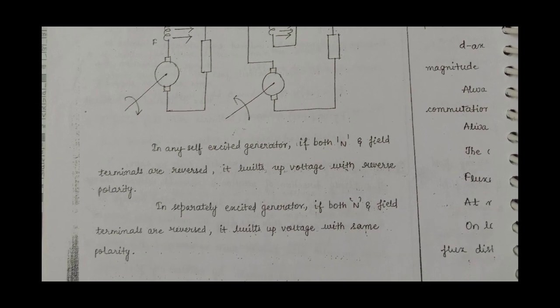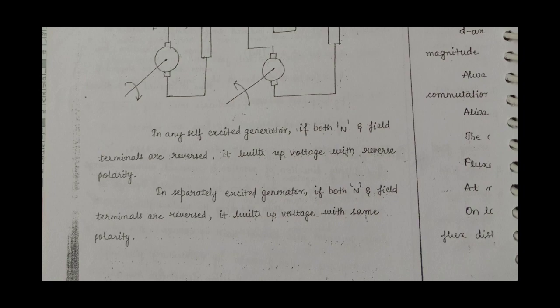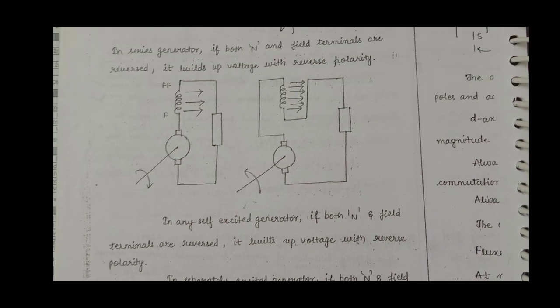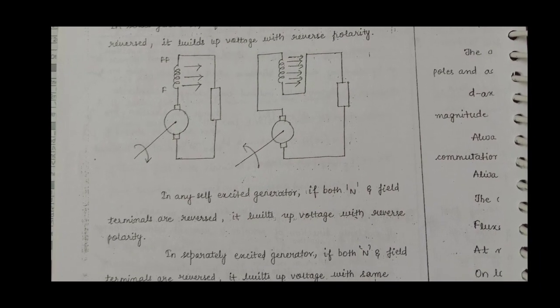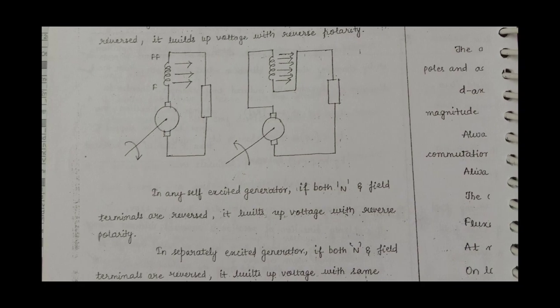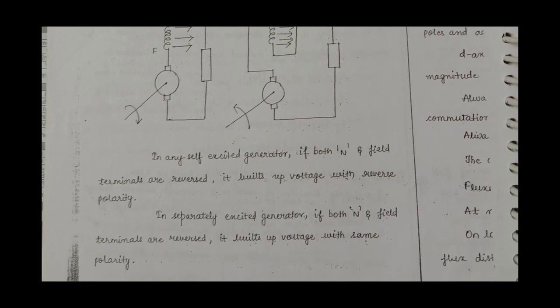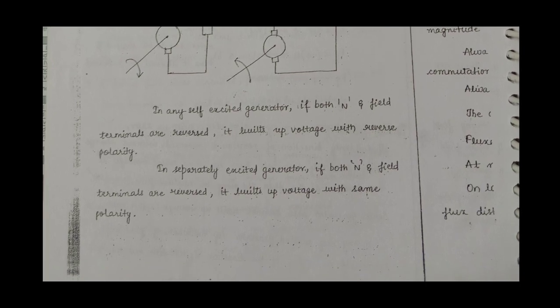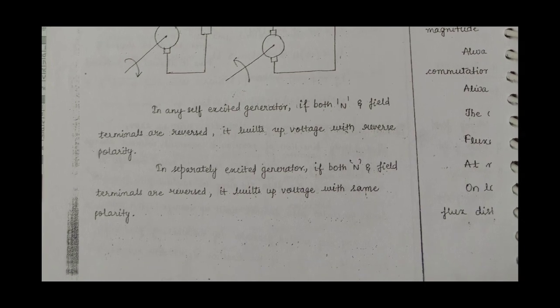In any self-excited generator, if both N and field winding terminals are reversed, it builds up a voltage with reverse polarity. Separately excited generator, if both N and field winding terminals are reversed, it builds up voltage with the same polarity.